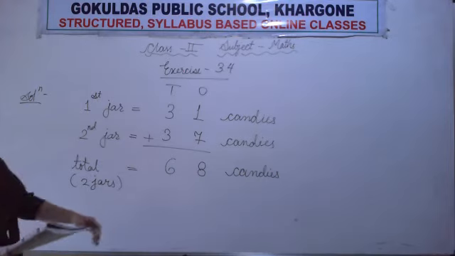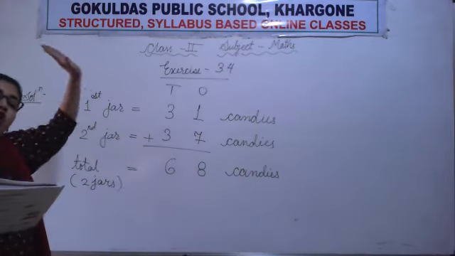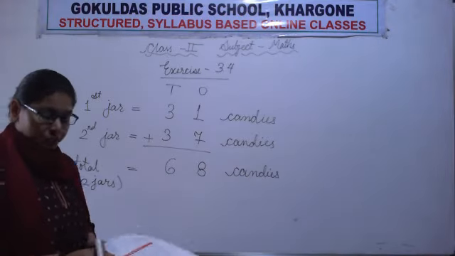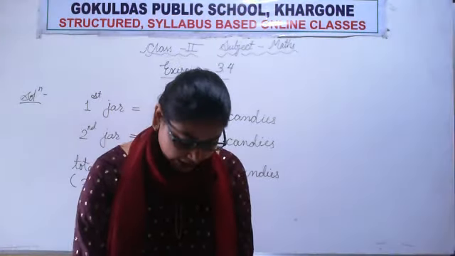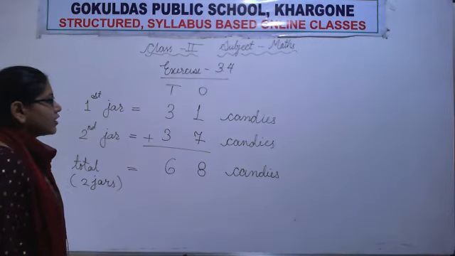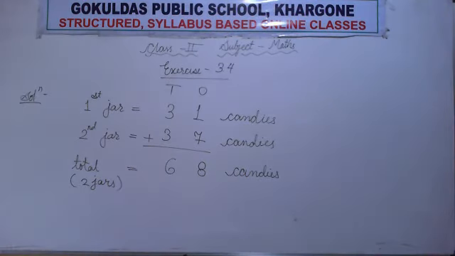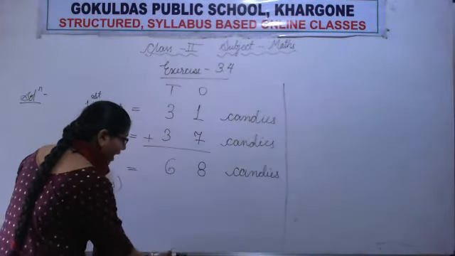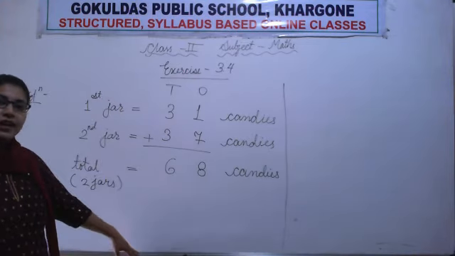Now we will subtract these from the total of 3 jars. Then we will get the number of candies in jar number 3. Okay. So I am writing here, but you have to write down below. Okay.